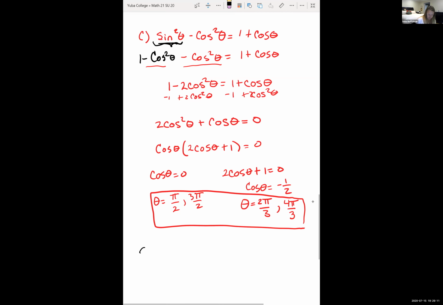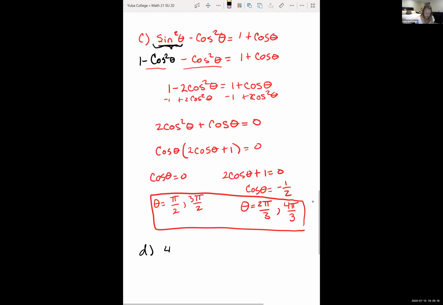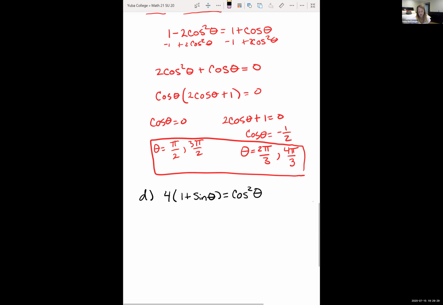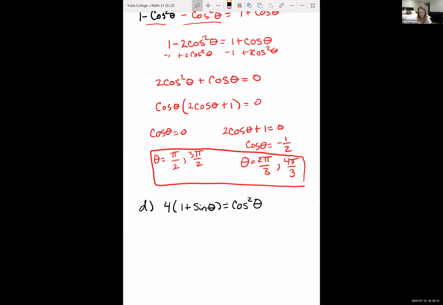D, we have 4 all times 1 plus sine theta equals cosine squared theta. So again, I noticed that my equation has multiple trig functions in it. It's not going to help me to factor it and set it equal to 0.